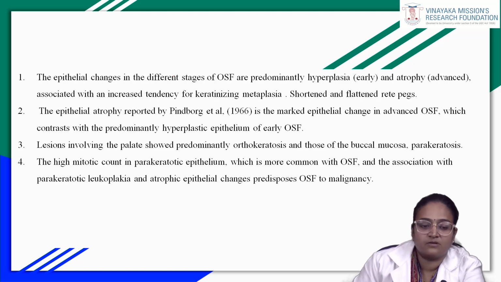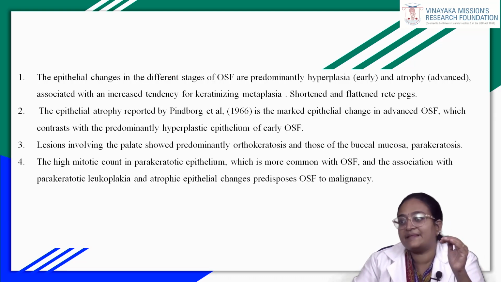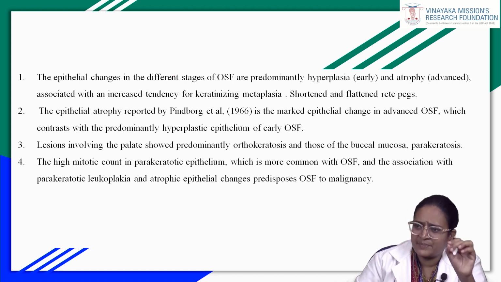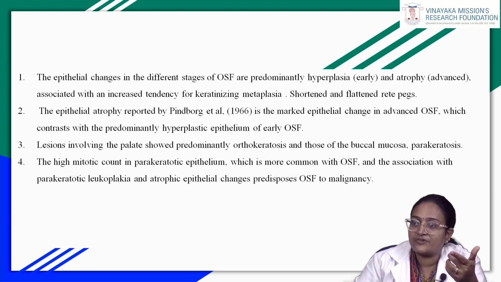Coming to the histopathology, the epithelial changes differentiate the stages of oral submucous fibrosis. Hyperplasia is found only in the early stages, and atrophy is found in the advanced stages.